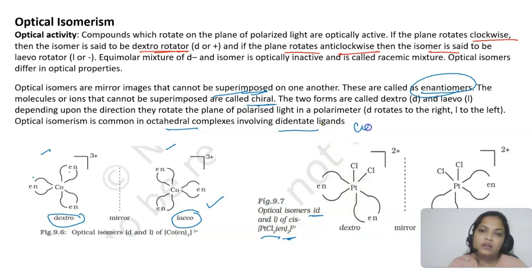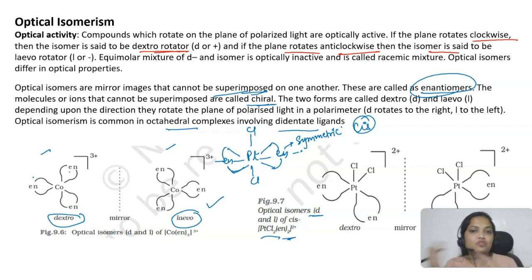Only the cis form shows optical isomerism, because if you draw the trans form like this, PtCl2 en and here also en, you can see it is symmetric. It has a plane of symmetry. So if you make its mirror image, it will be superimposable, so it will not be a chiral molecule. Only the cis form shows optical activity.